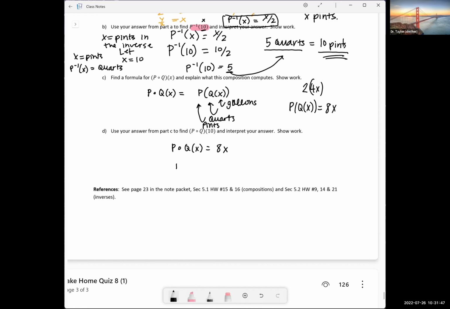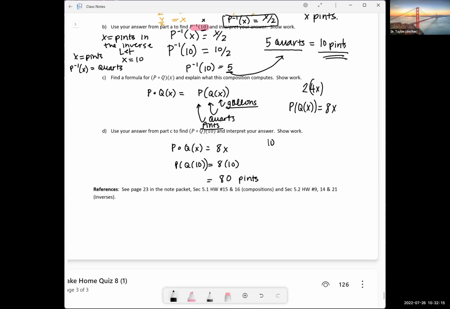So we can just put in P of Q of 10 and make X equal 10. X still represents gallons. But when we substitute all those values in, we end up with the output is pints. So input was gallons, connector was quarts, and the output was pints. So we end up with 80 pints.